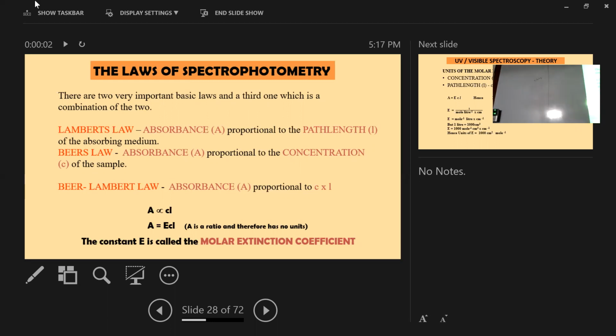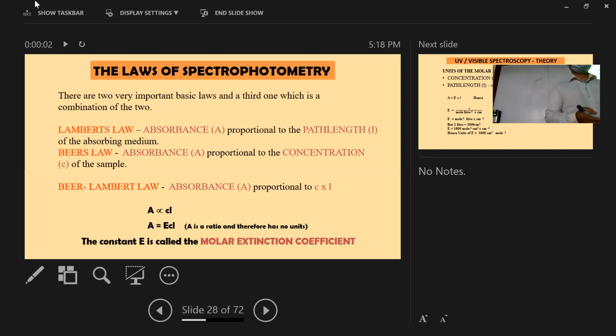So absorbance, A, is proportional to the concentration, if the cell length, that means the cuvette in which we take the sample, is fixed.